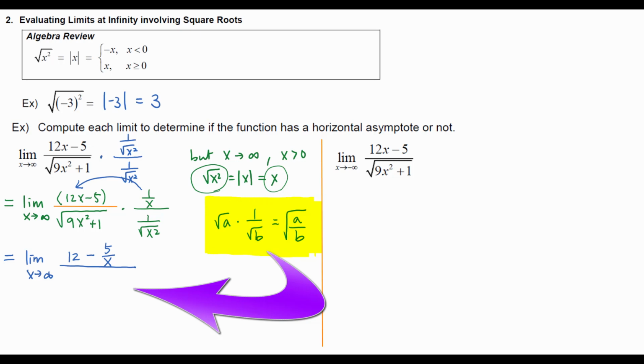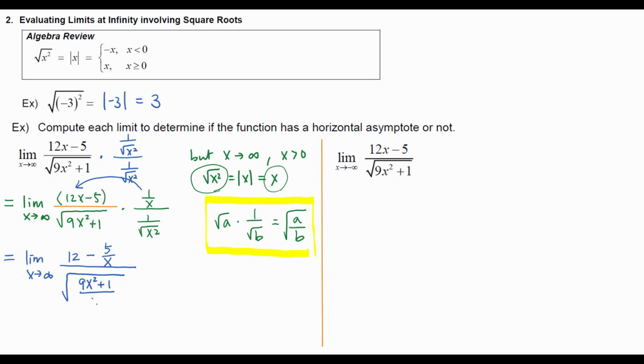So this will become the square root of 9x squared plus 1 over x squared. Then you can split the numerator using the common denominator x squared. This becomes the limit as x approaches infinity of 12 minus 5 over x over the square root of 9 plus 1 over x squared.